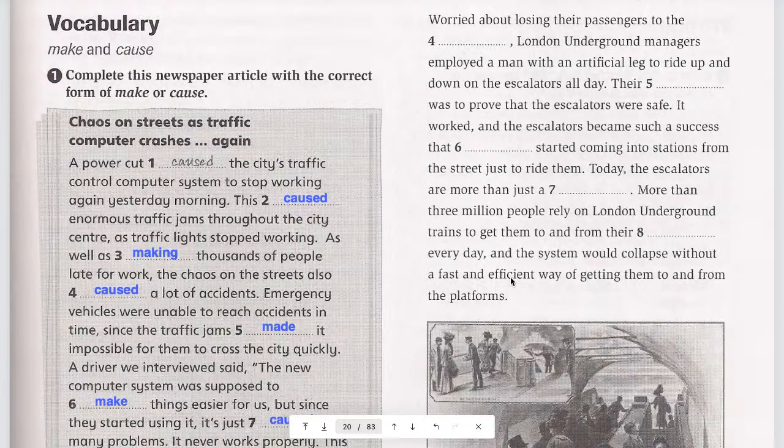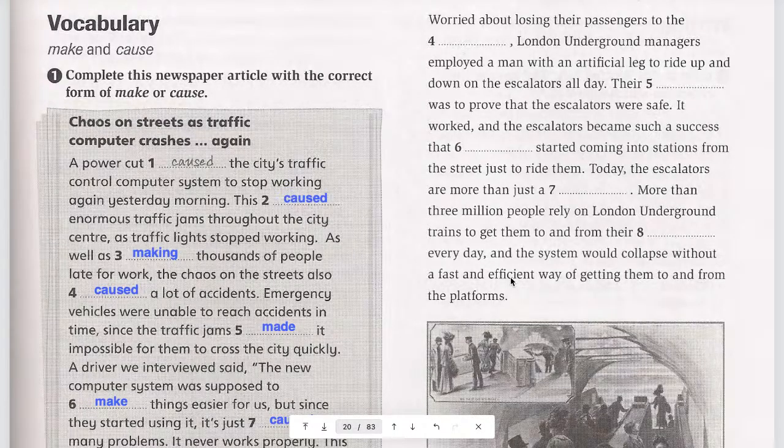You see the instruction about make and cause there? Read that and explain to me why we need to use cause in this case. They say cause to make something happen. Just look at the structure, number 1 and 2.